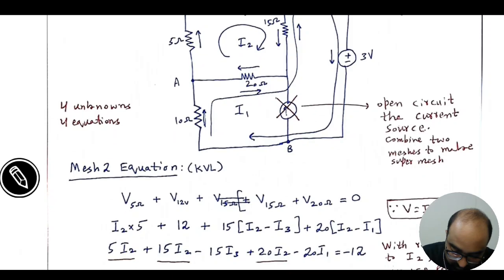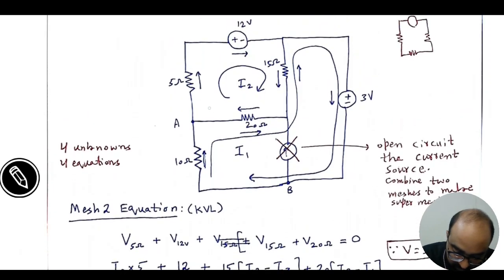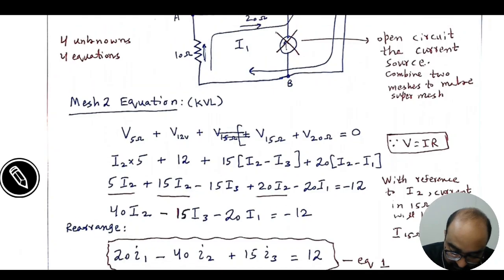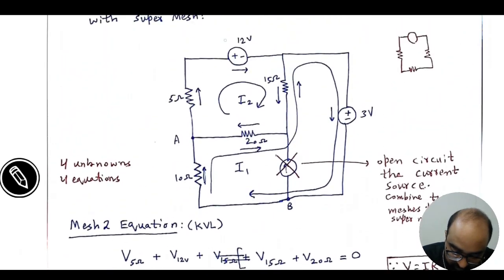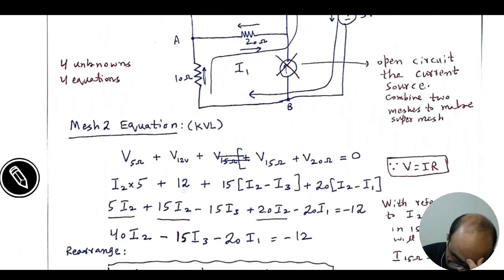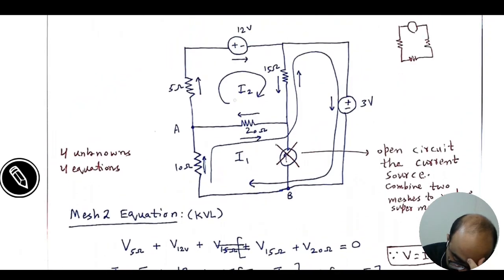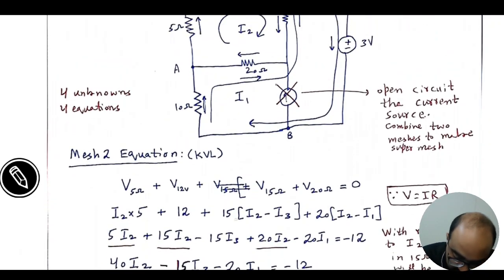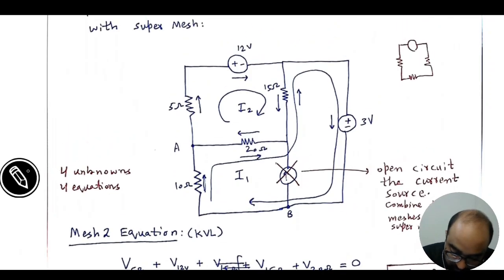You can see here that I2 is flowing across the 5 ohm resistance. So we will have 5I2 plus the voltage of 12 volt. Here is 12, and then the next circuit element is the 15 ohm resistance multiplied by what will be the current flowing through this 15 ohm resistance.